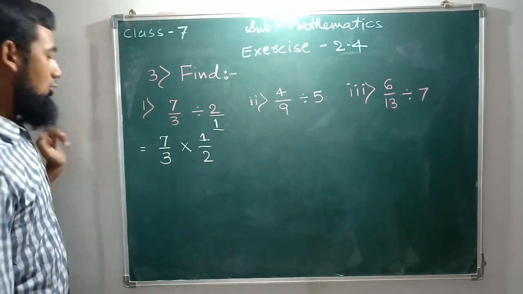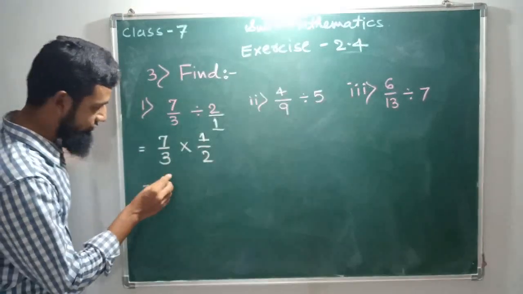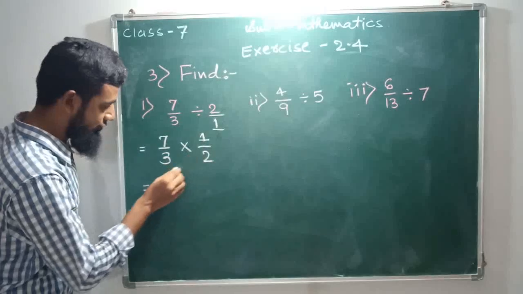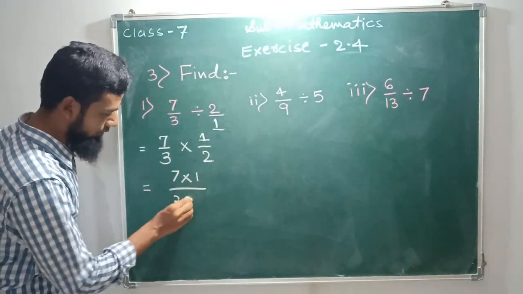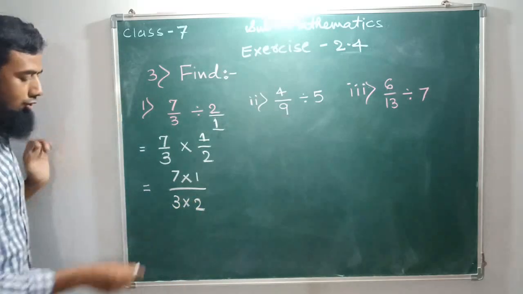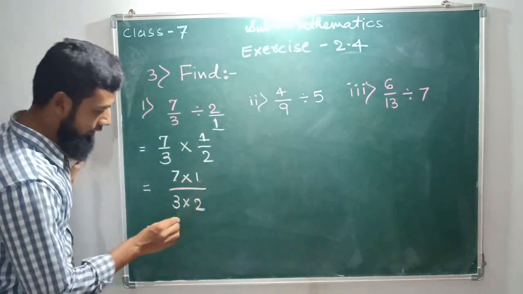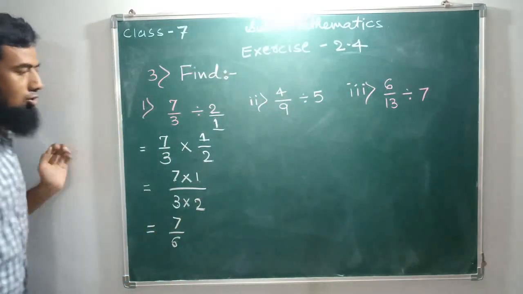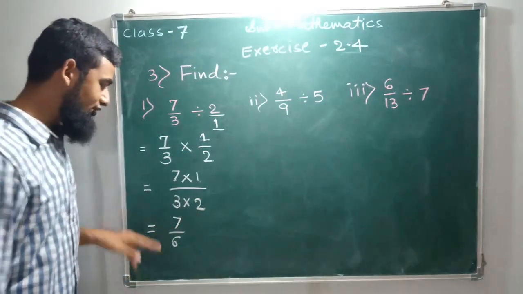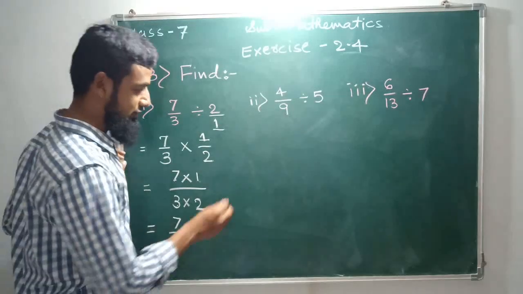Okay? Now look at this side. 7 multiplied by 1 upon 3 multiplied by 2. Here 7 times 1 is 7, 3 times 2 is 6. So 7 upon 6, this is an improper fraction.